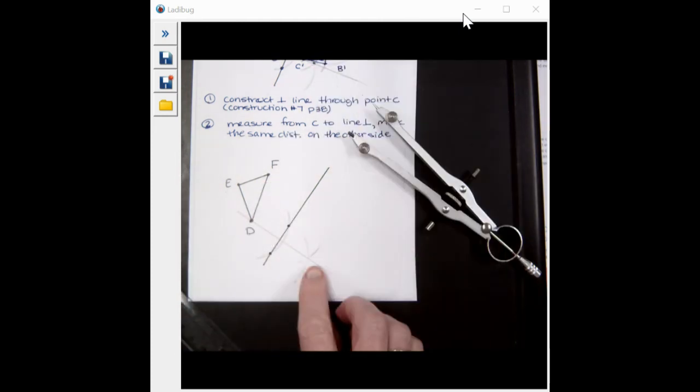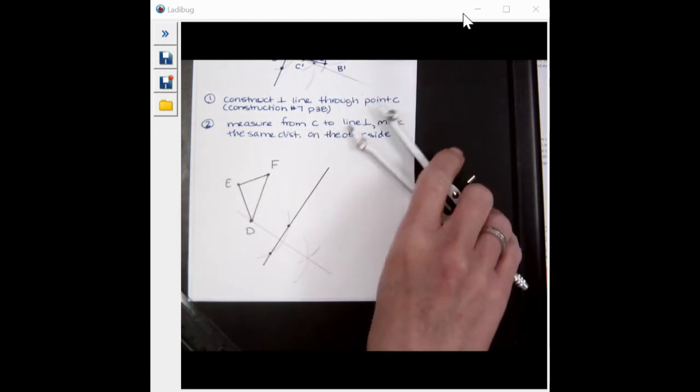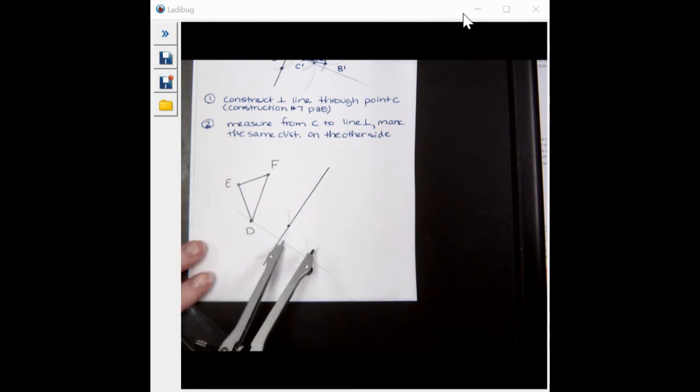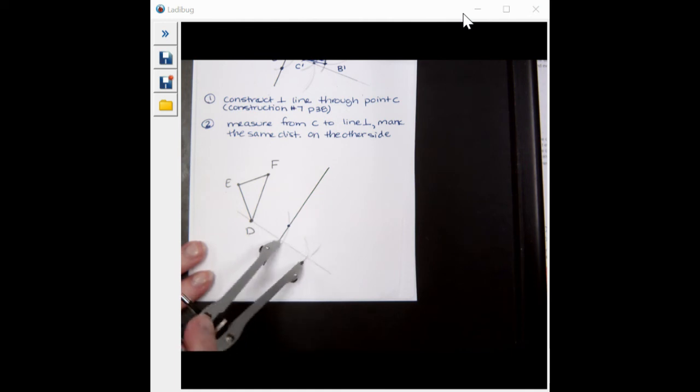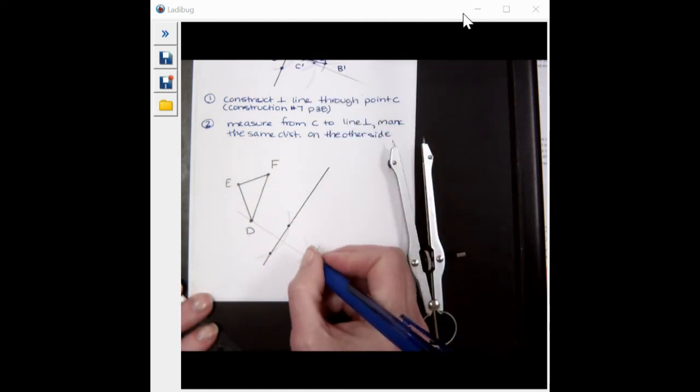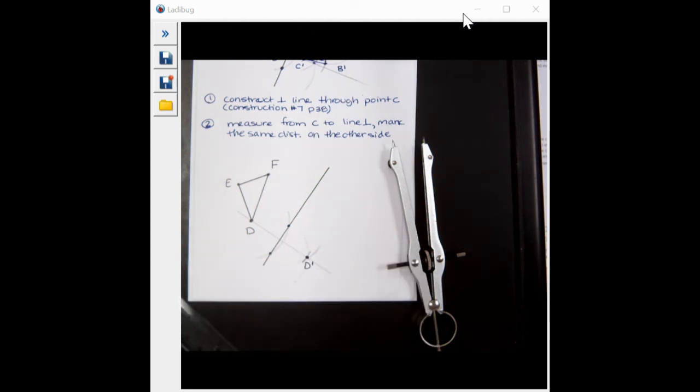So remember, D prime should be the same distance on the right that D is on the left. So let's measure. It looks to be about this distance. So I'm going to go to the other side of my line and measure that. And what do you know? That's exactly where my D prime should be. So again, that's a nice shortcut.